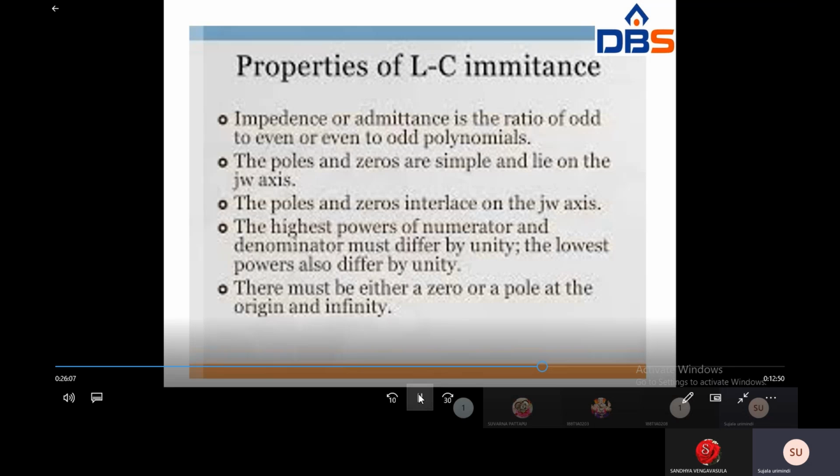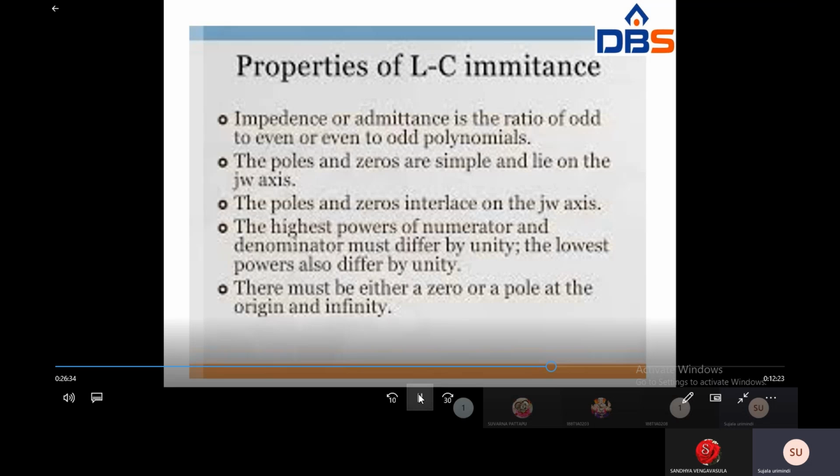So you have to see the basic difference between RC, RL and LC. For RC, the poles and zeros lie on the negative real axis; like that in RL also, the negative real axis. But in LC, the poles and zeros lie on the imaginary axis.